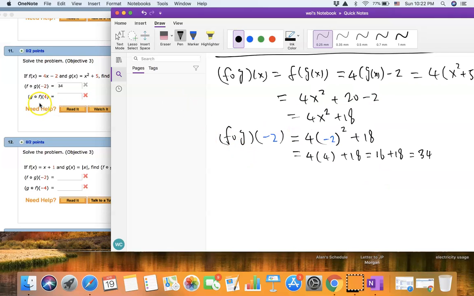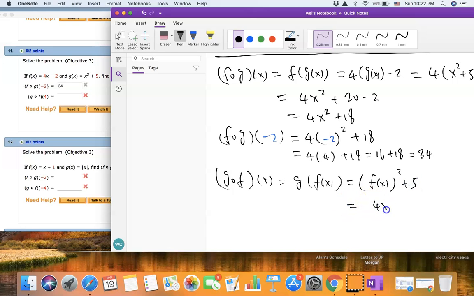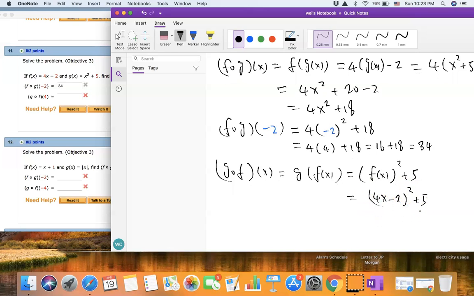For the next one, we first need to find the function g of f of x. g of f of x, so we have f of x squared plus 5, which is 4x minus 2 squared plus 5.